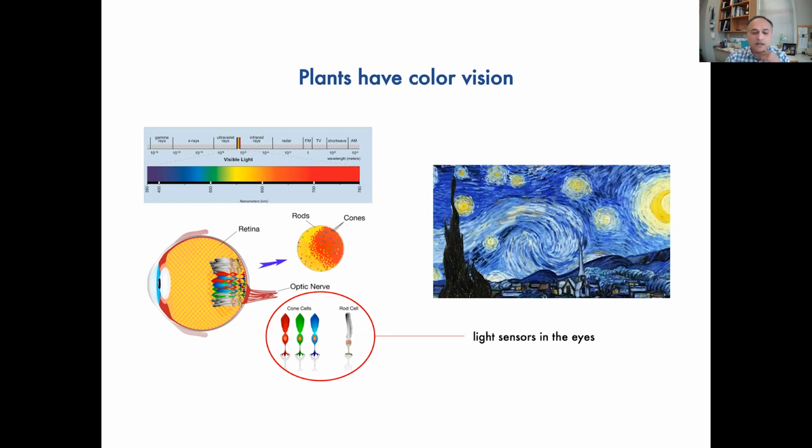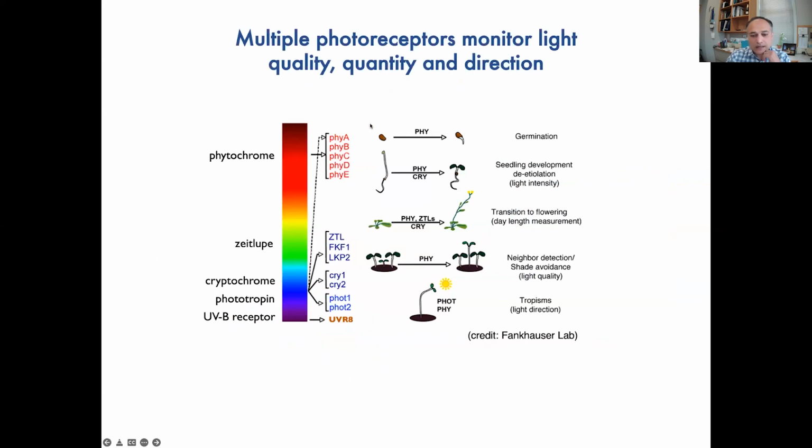The plants also have color vision. So instead of rods and cones, plants have a bunch of specialized photoreceptors: phytochromes, cyclopas, cryptochromes, phototropins, and UVB receptors. Phytochromes sense red light and far red light. Cyclopas sense blue. So do cryptochrome and phototropins. They all sense blue light.